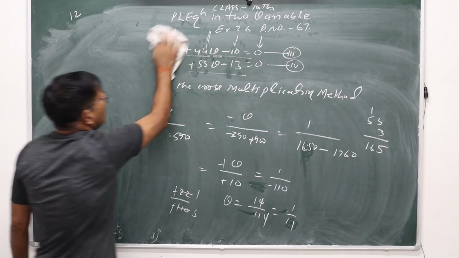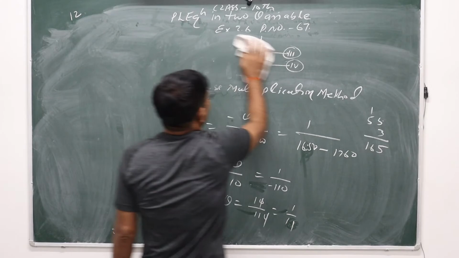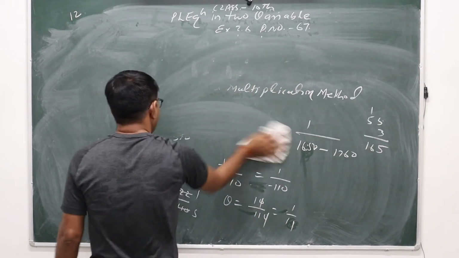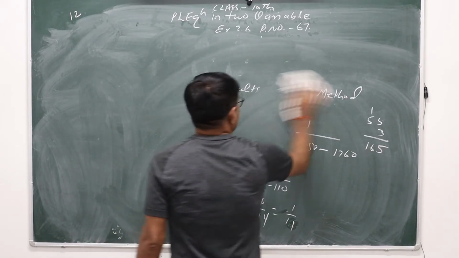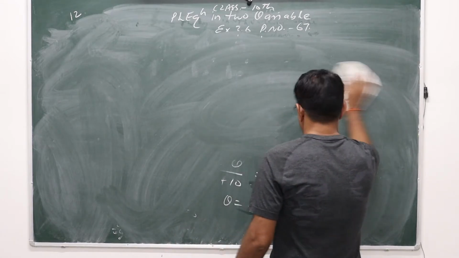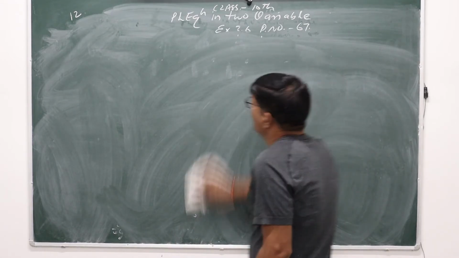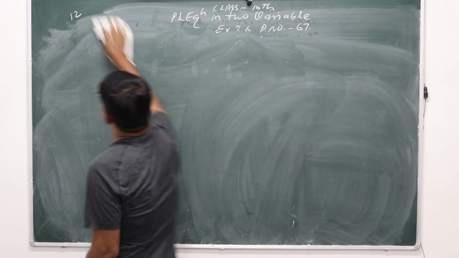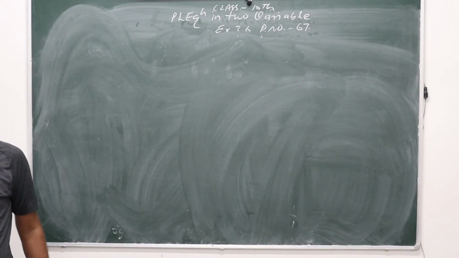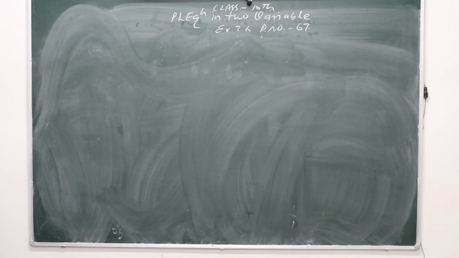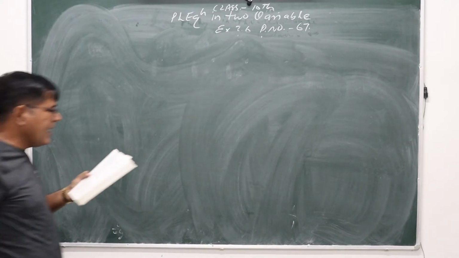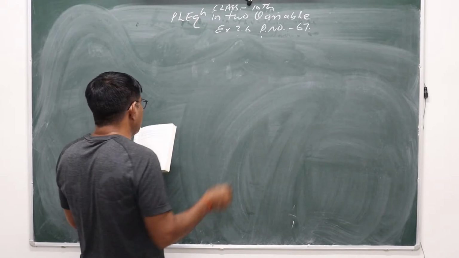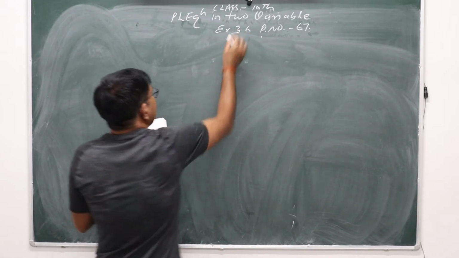Now we will solve the questions of NCERT exercise 3.6. The first question is: solve the following pair of linear equations by reducing them to a pair of linear equations.